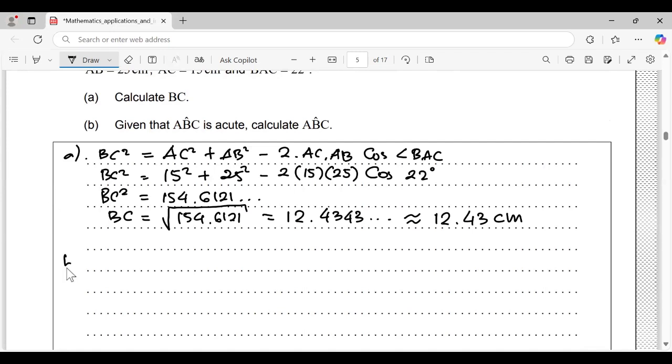Okay, I'm going to use the sine rule: sine of angle ABC over AC equals sine of angle BAC over BC.